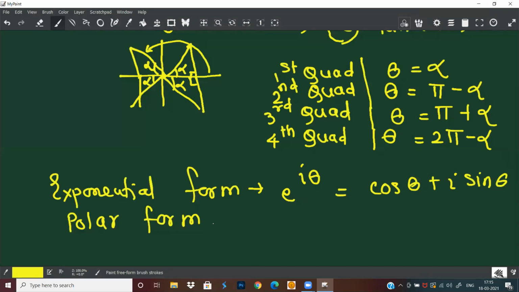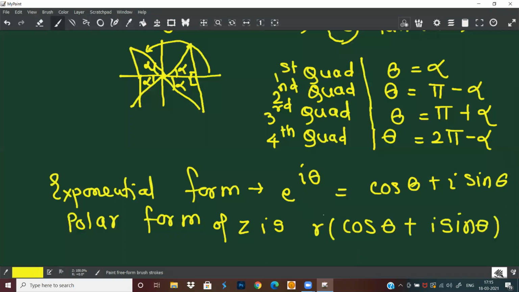Because the moment I take odd multiple of pi by 2, sine and cos will interchange. R into bracket cos theta plus i sin theta. इसे बोलते हैं polar form.